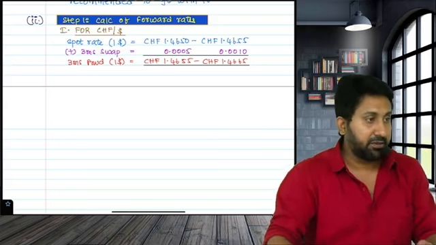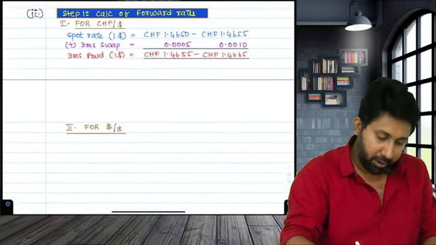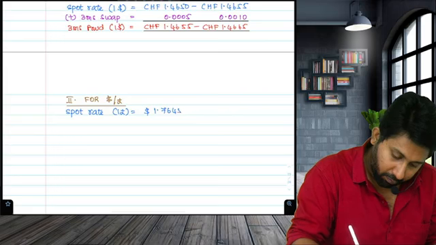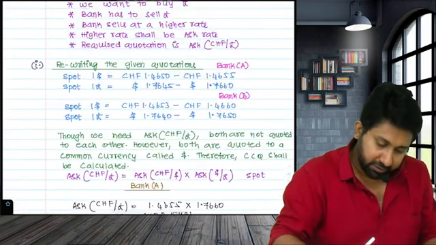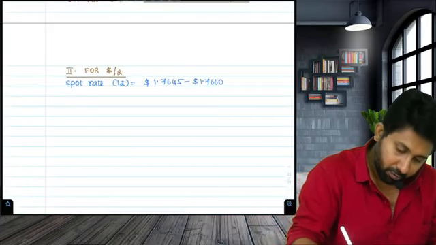Next, the second one. For dollar by pound, £1 equal to dollar. 1 pound equal to $1.7645 dash $1.7660.